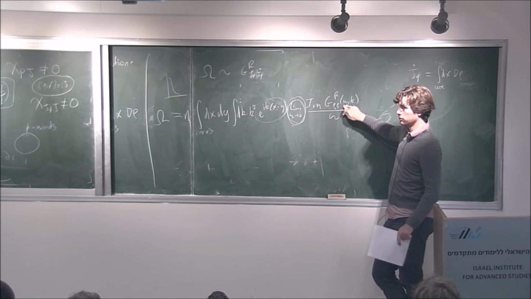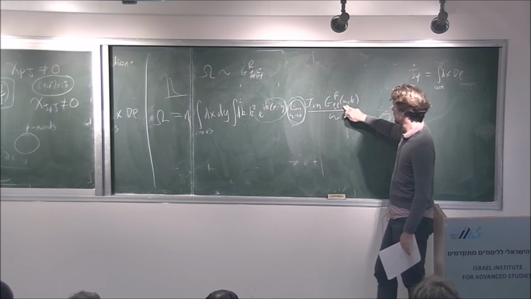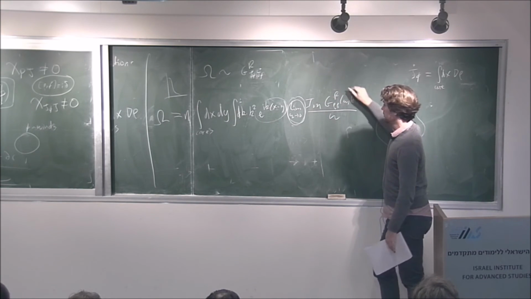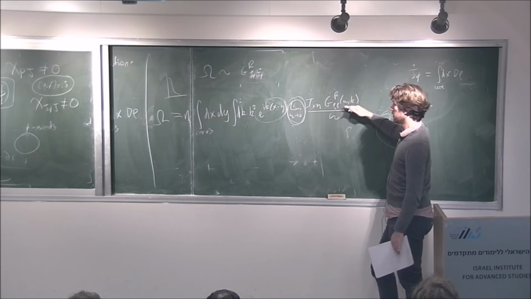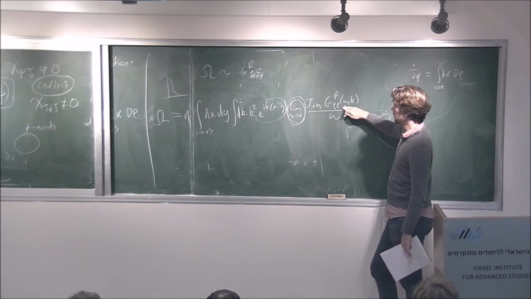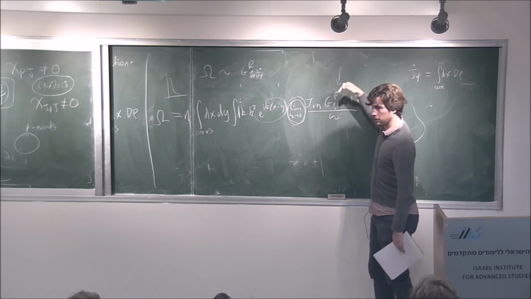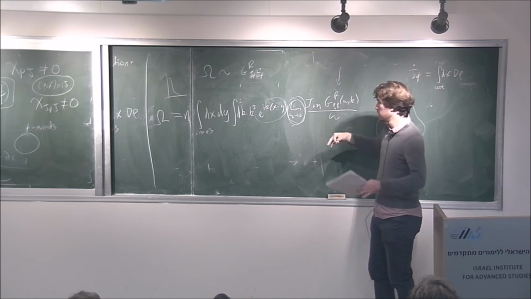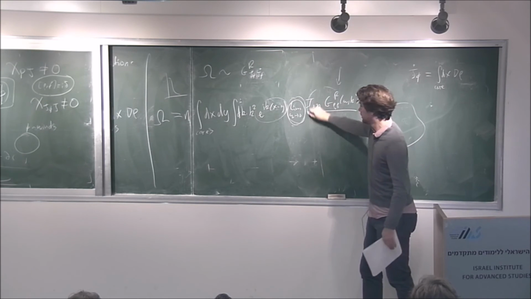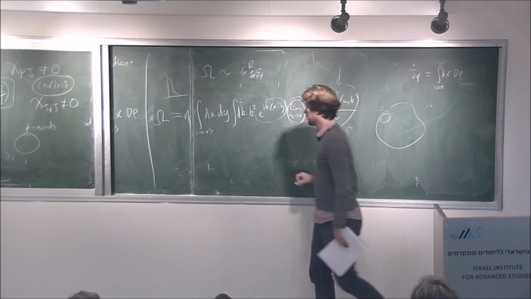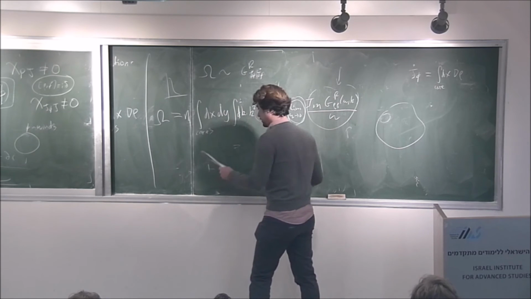You can only do that where the vortices are big enough. If translations are broken, this would be diffusive. And so you can use the hydrodynamic form of the normal state in the core of the vortex to evaluate this.